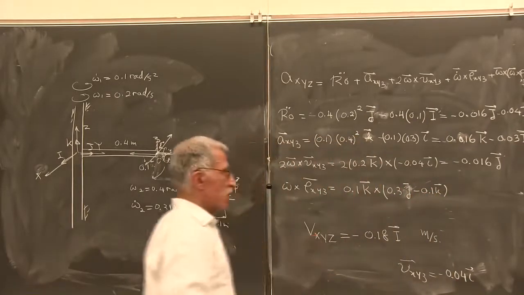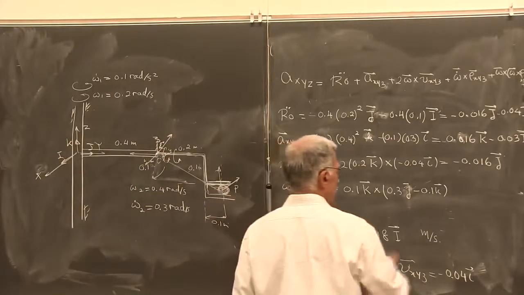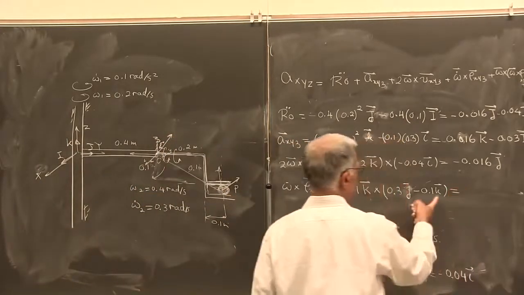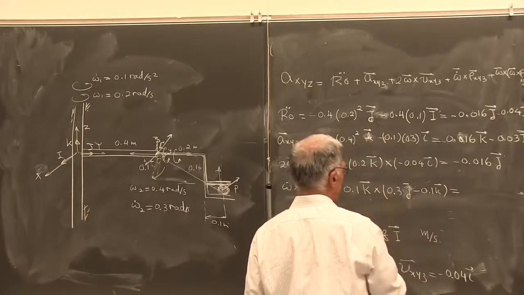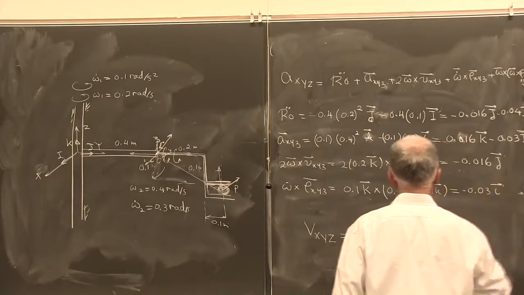At this instant, j and k are the same direction, so no problem. And that becomes k times k, forget about it. K times j is negative I, so that becomes 0.03 I.